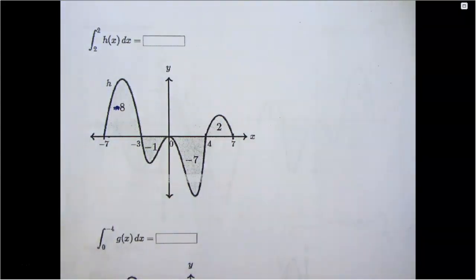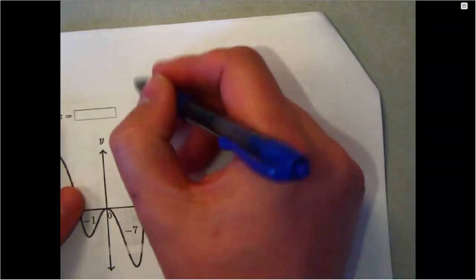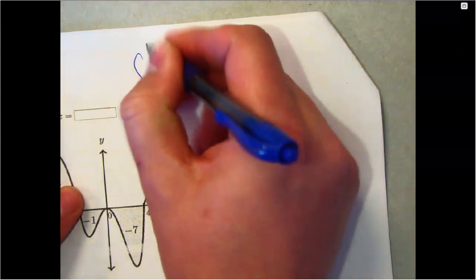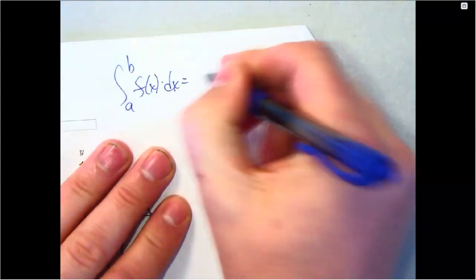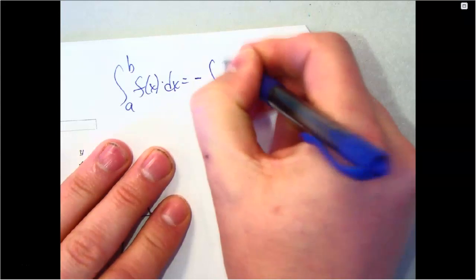So you notice you're going left to right on all of those. Every integral we've done so far has been left to right. If they reverse it and go right to left, it changes the sign. So if you want the rule, the integral from b to a is the opposite of the integral from a to b.